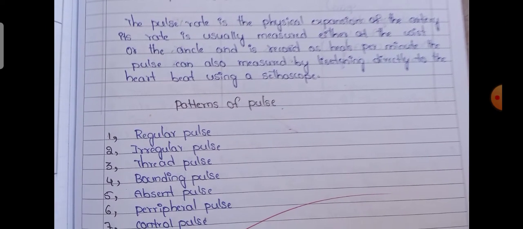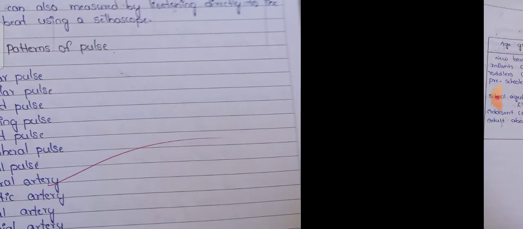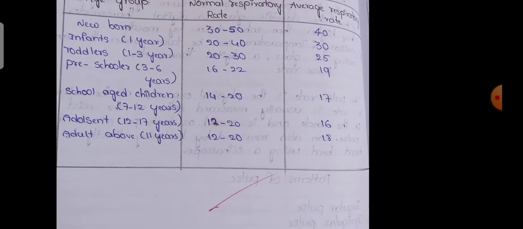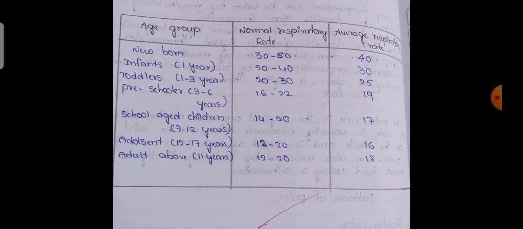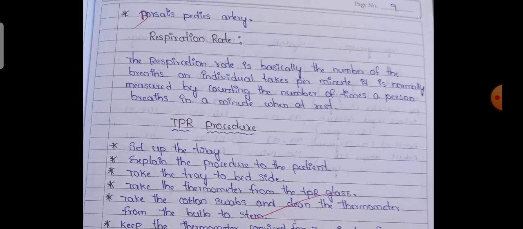Pulse rate means what? Okay, patterns of pulse or sites of pulse checking. How the pulse rate will be. This is the patterns of pulse rate. So according to age group, respiration rate and average respiration rate also.